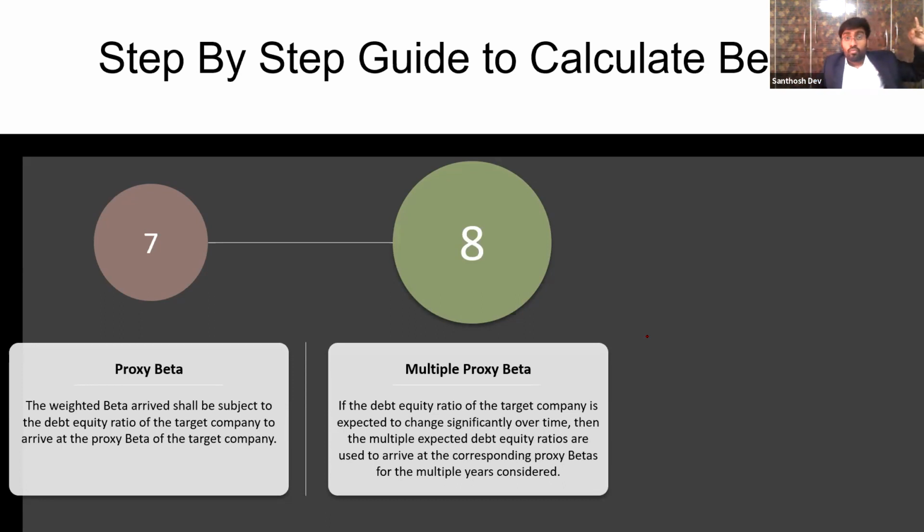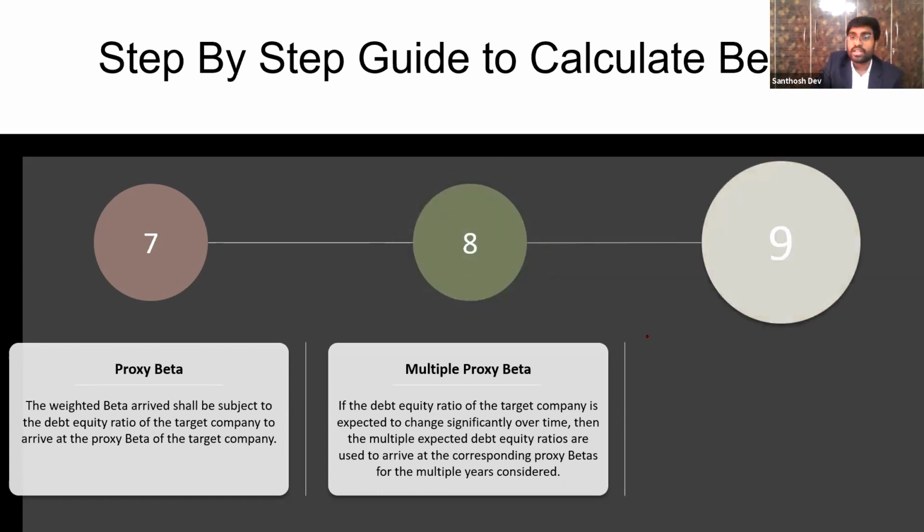For year one, I have a different debt and equity structure and a different fixed cost, variable cost structure. I can put that together and find out the beta for next year. The very next year, there is going to be a different fixed cost, variable cost and a different debt equity ratio based on my projected financial statements. That put together, I will be able to find out the value in the second year. Same goes for the third, fourth, and fifth year respectively. And then you discount back to find out the value of that particular company. So that is the multiple proxy betas.